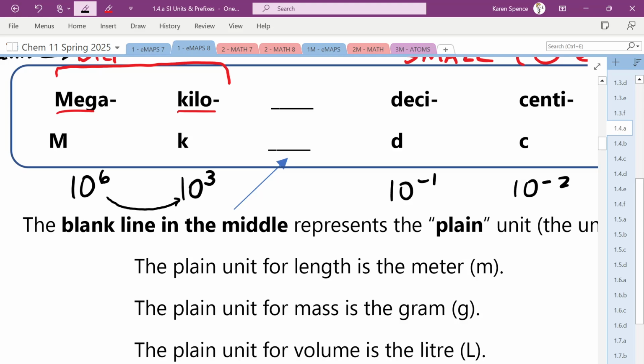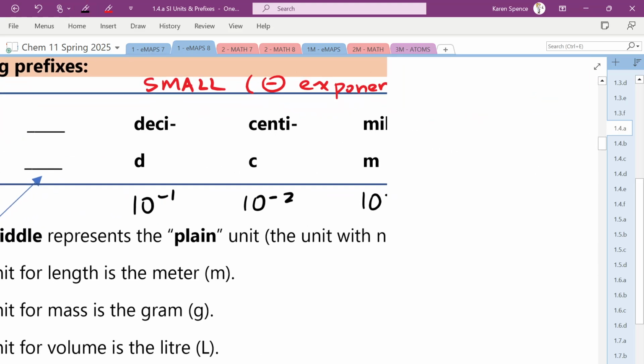Mostly these prefixes go in thousands, by 10 to the 3s. The only exceptions are the centi and the deci. Everything else is going to be to the power of a 6 or a 9 or a 12 or a 3. So we've got a 6 and a 3 here. Then we have 1, 2, 3.